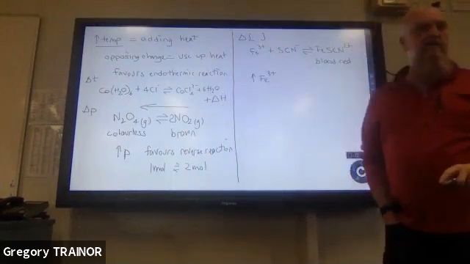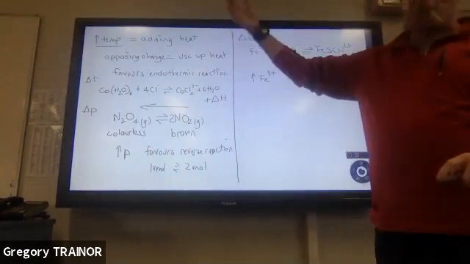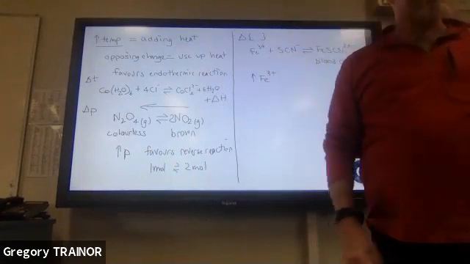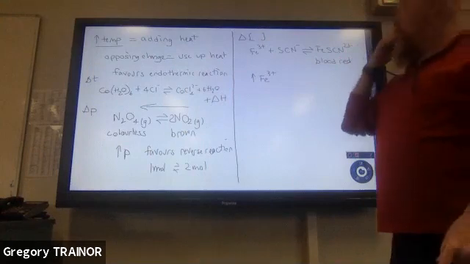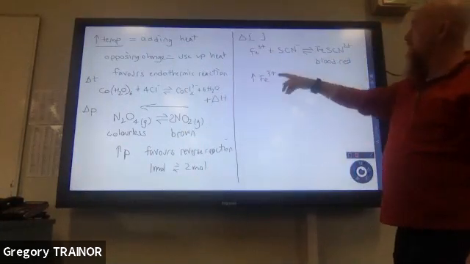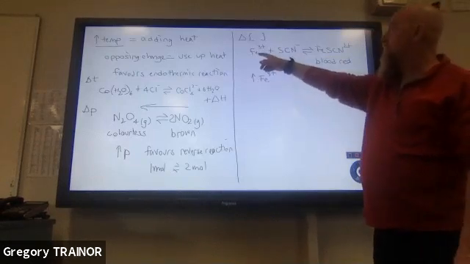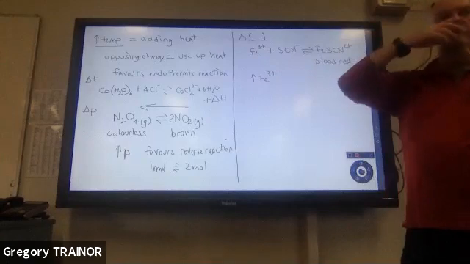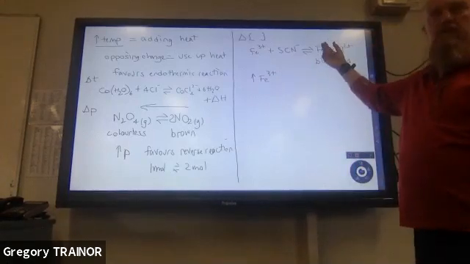If we add more Fe3+, what will happen to the colour of the system? Right, it will go from a light red to a much darker red because the extra Fe3+ ions will react with the additional thiocyanate ions and make more of the complex ion.